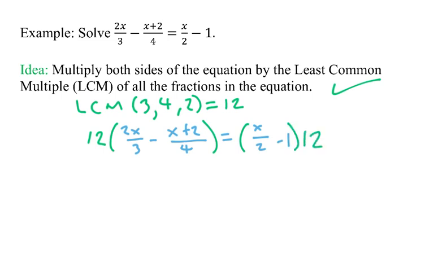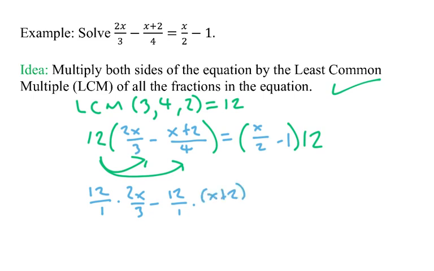I can now use the distributive law to distribute the 12 across the parentheses on the left, which would give me 12, and let's think of that as 12 over 1 times 2x over 3 minus 12 over 1 times x plus 2. I'm going to put the parentheses in the numerator just so I remember that that entire numerator is together as a unit.